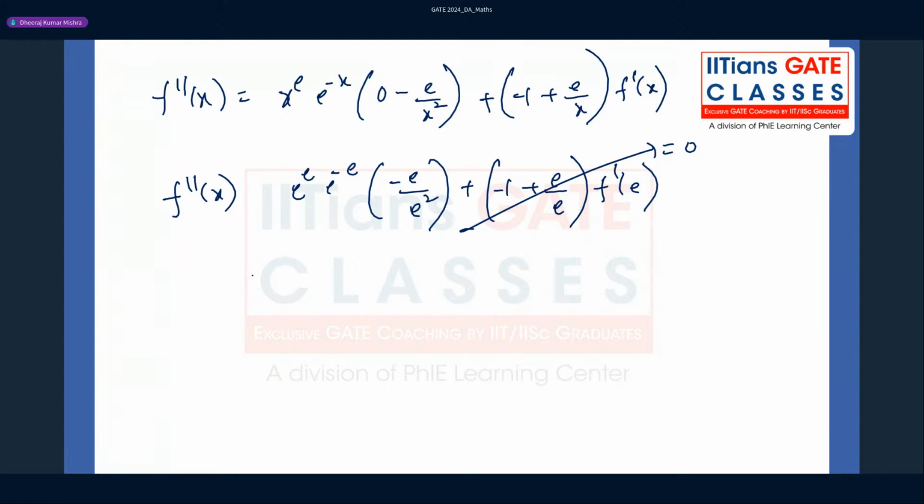So if you simplify this, what is this? E raised to power e raised to power, this is 1, and from here you will get 1 by e, and this is nothing but less than 0. Certainly at x equal to e, it is going to be maximizing. Maxima, because the second derivative is coming out to be negative.